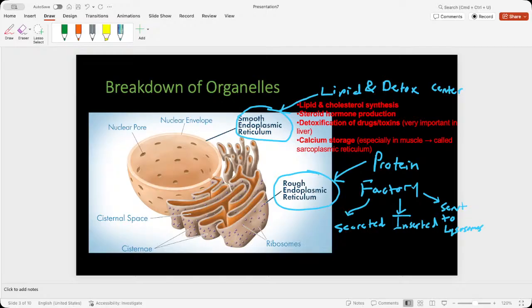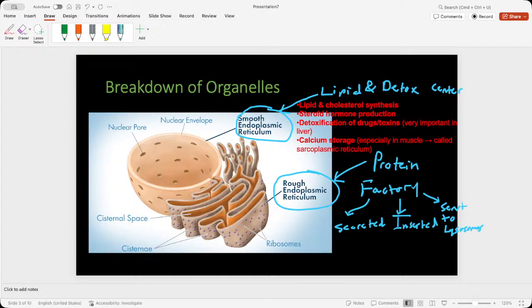What is the purpose of the rough endoplasmic reticulum? Obviously it's acting like a factory. It's where the proteins are usually built. Ribosomes are used to transcribe and translate, making those proteins from amino acids.